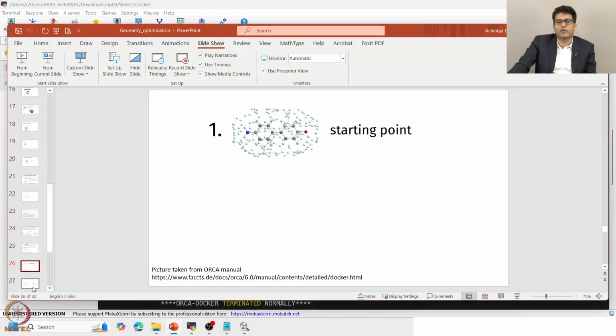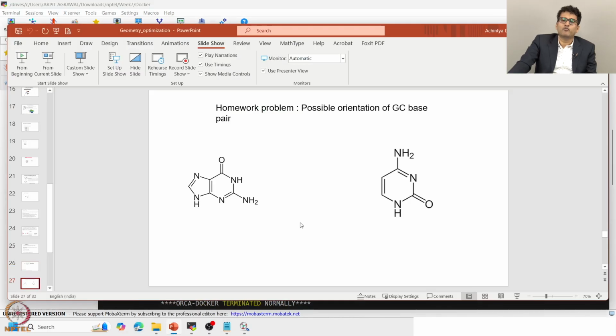As a homework problem, your task will be to find out what possible orientations the GC base pair can have. We know that the Watson-Crick GC base pair is one of the common structures, but we will see if there are any other structures possible.